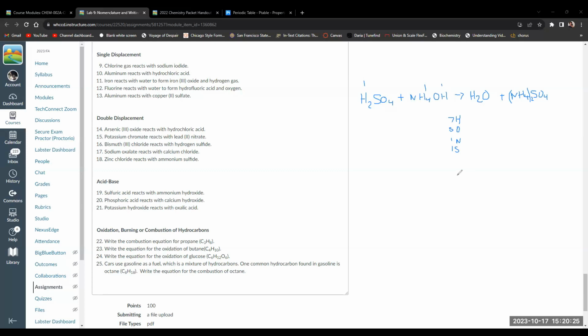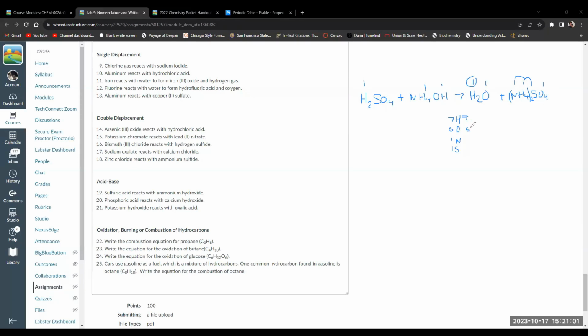And on the other side, we have 1, and this 2 here distributing to both sides. So we have 2 times 4 is 8. So 8 plus this 1, 9. And then for oxygens, we have 1 here, 4 here.